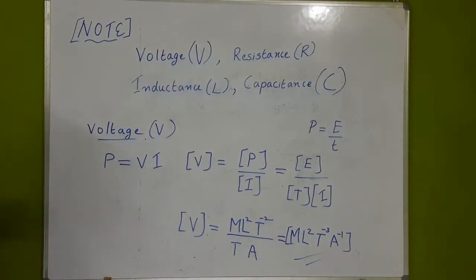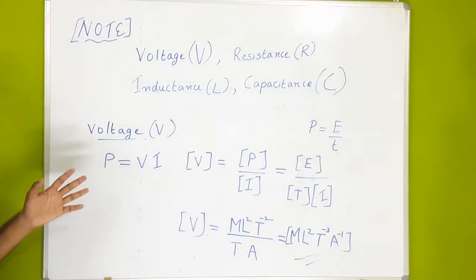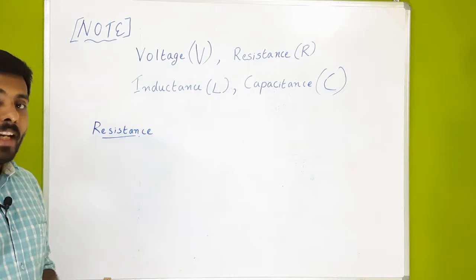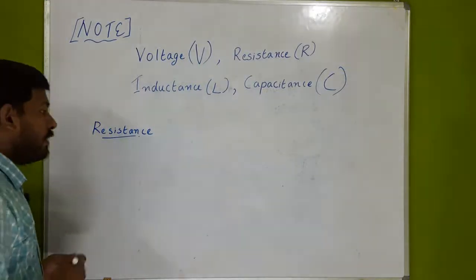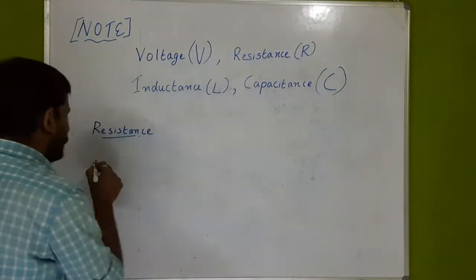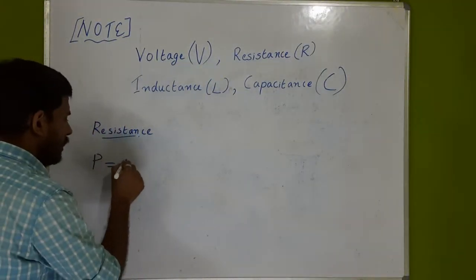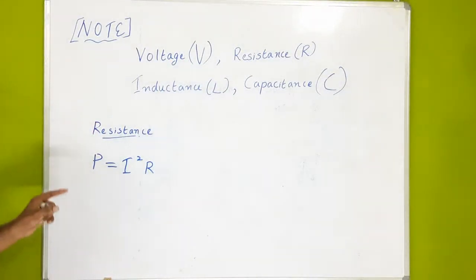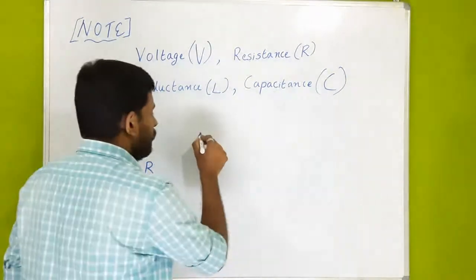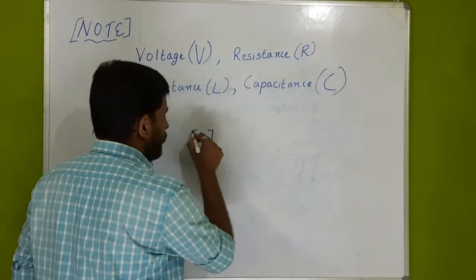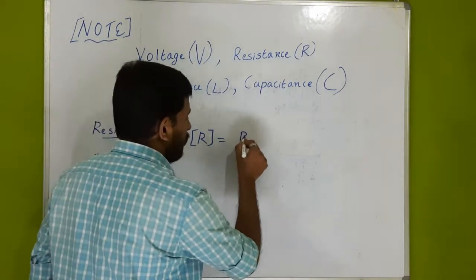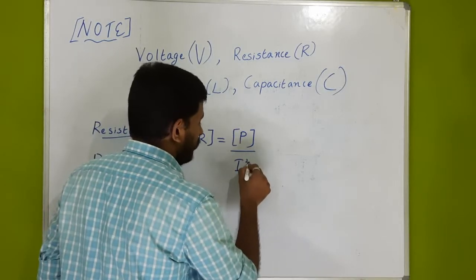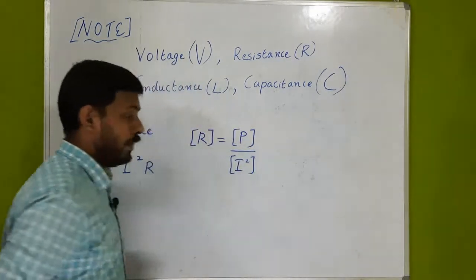So have you understood this? Is it easy, right? So please take it down. The next one is resistance. We know that power and resistance are related as P is equal to I squared R. Therefore, the dimension of resistance is equal to the dimension of power divided by the dimension of current, the whole square.